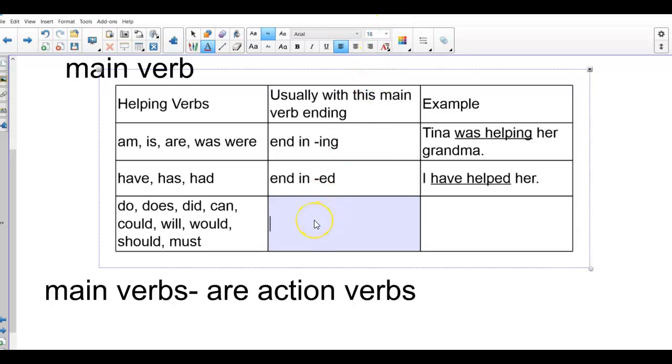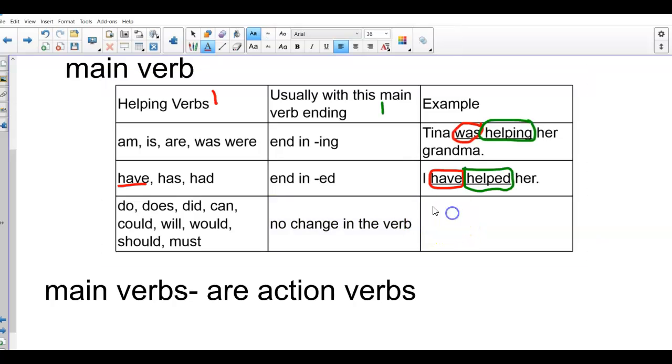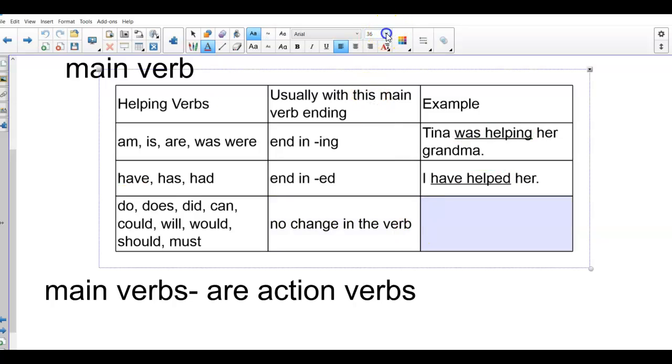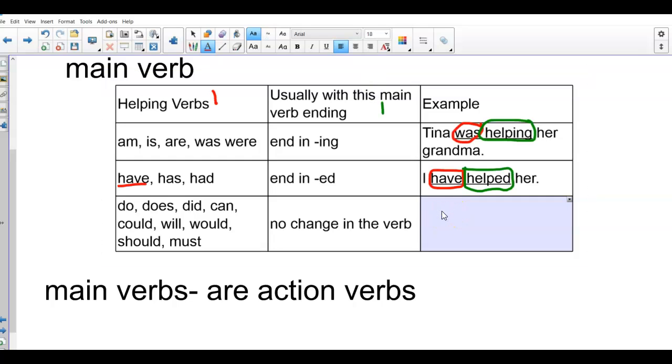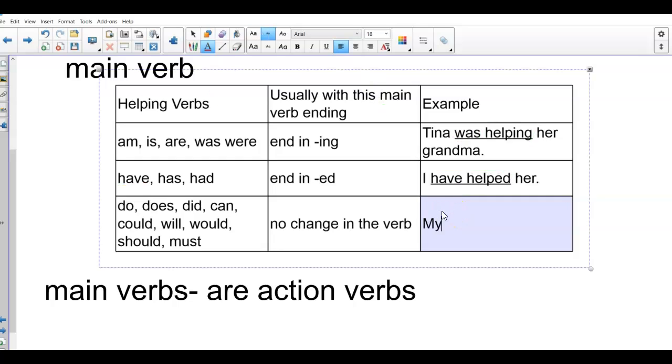And they are all going to work with any helping verbs that there is no change in the verb. So what do I mean by that? I mean I'm not adding anything to the end of it. So I could say, my mom will help me with my work.